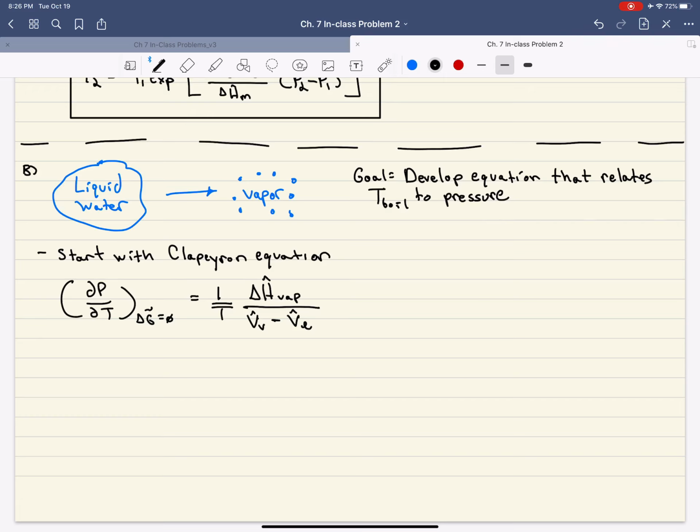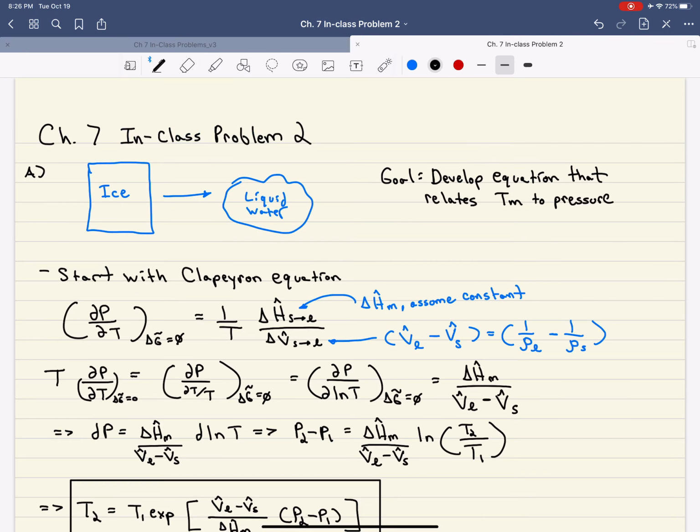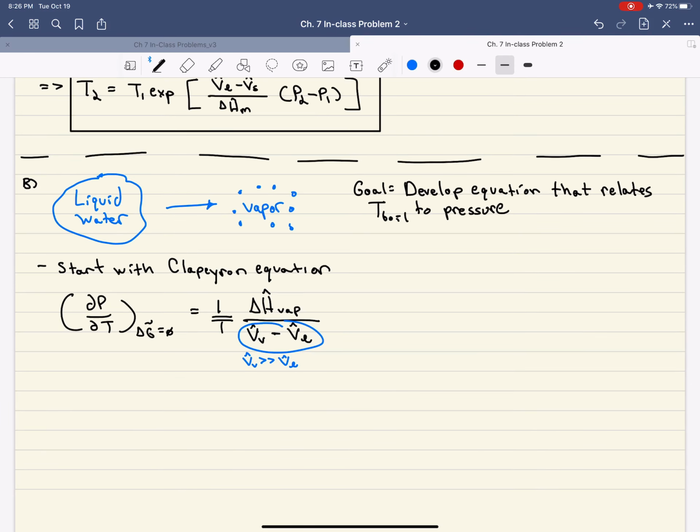Now that we're dealing with the liquid to vapor transition, we're going to make a couple of assumptions. The first is that the molar volume of the vapor is much greater than the molar volume of the liquid. And so essentially our denominator is just the molar volume of the vapor.